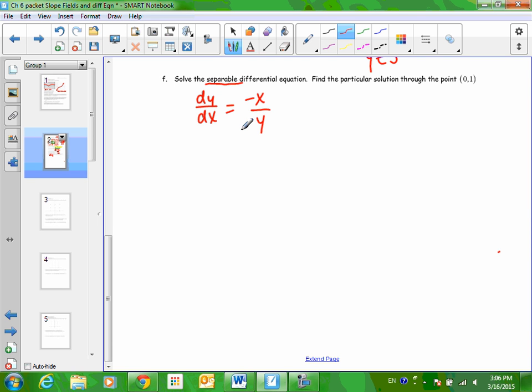So we need to get all the y's to the left. So how would I get this y in the denominator to the left? I would multiply by y. All right? This dx is also not at the right spot. So I'm going to multiply that as well. So the first thing you've got to do is separate your variables. Have you heard me say that before? Yes.